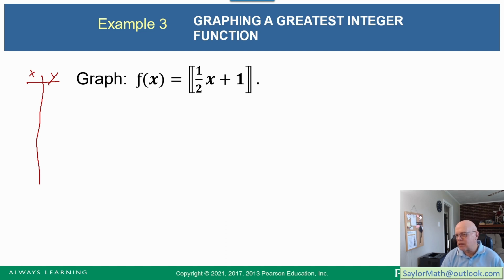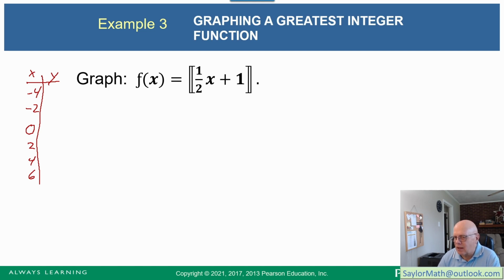Now notice that it's 1/2 x, so to make it easy on yourself, you might want to use 0. Since you're going to have to take the half of some number, you might make this -2, -4. That helps, because when you're taking half of it, it comes out even. You might also go with 2, 4, maybe even 6.